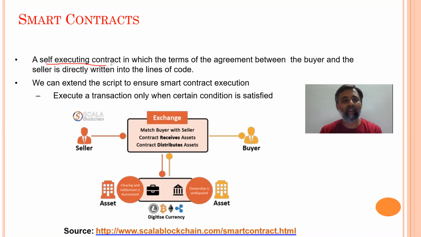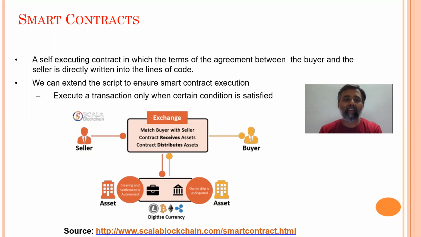Basically, it is a self-executing contract in which, in the terms of agreement, whatever the agreement the parties are having, that agreement will be executed directly by the lines of code they have.